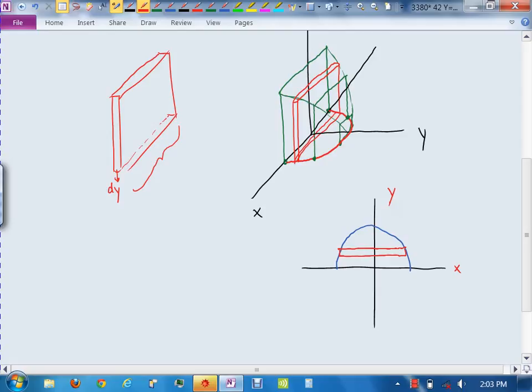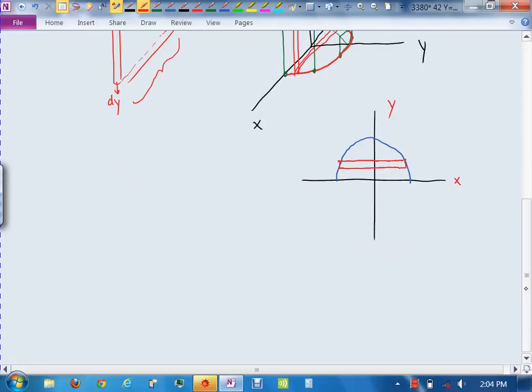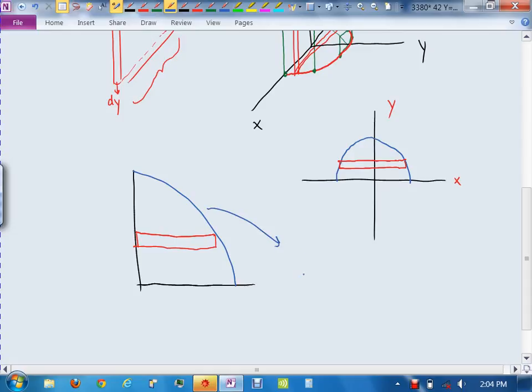I knew that's where you were going, but what I'm going to do is say, let's look at just this right side, just that parabola coming down, and just the rectangle going this way. And can someone tell me what this blue thing is as a function of y? Like x equals what?